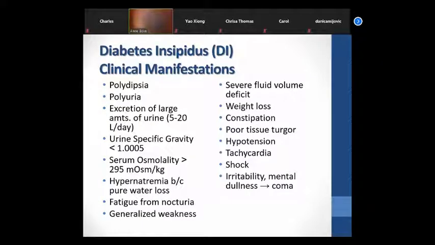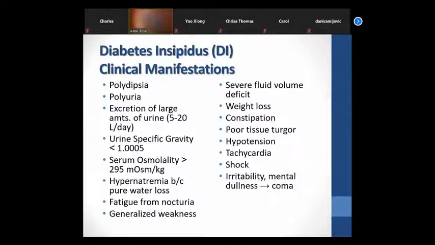And there could be fatigue because of the nocturia, as well as general weakness. You're going to have a severe fluid deficit, subsequently weight loss in relationship to fluid loss, constipation, and poor tissue turgor. The constipation would be in relationship once again to the fluid loss.